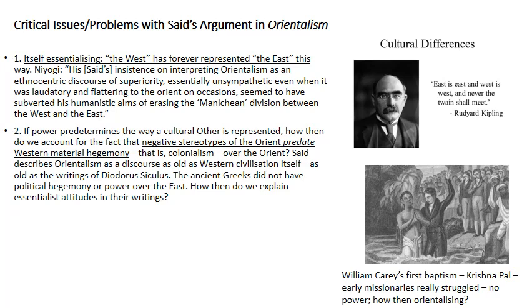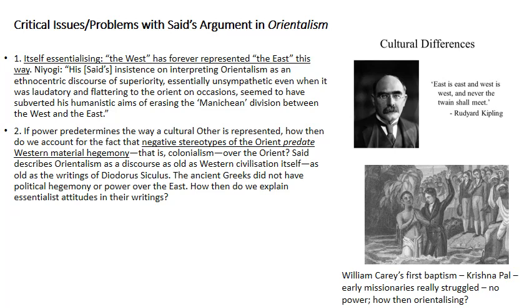Okay, so it might make sense that Western colonialism leads to negative stereotypes about the Orient. Your relationship of power is one of dominating over the Orient, therefore you produce negative stereotypes. But the thing is that you can find negative stereotypes about the Orient predating Western colonialism.